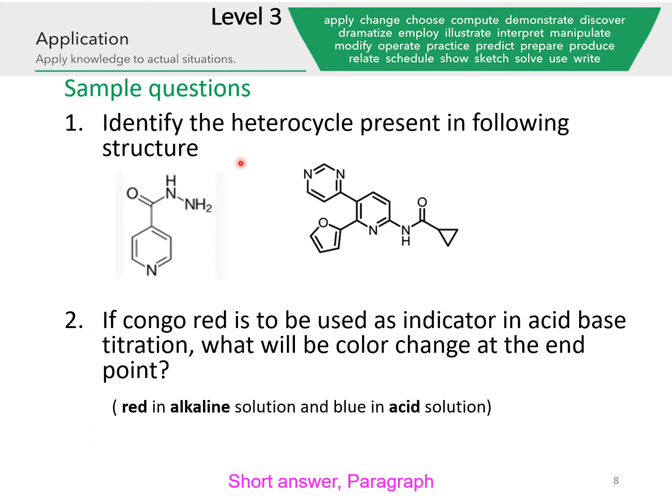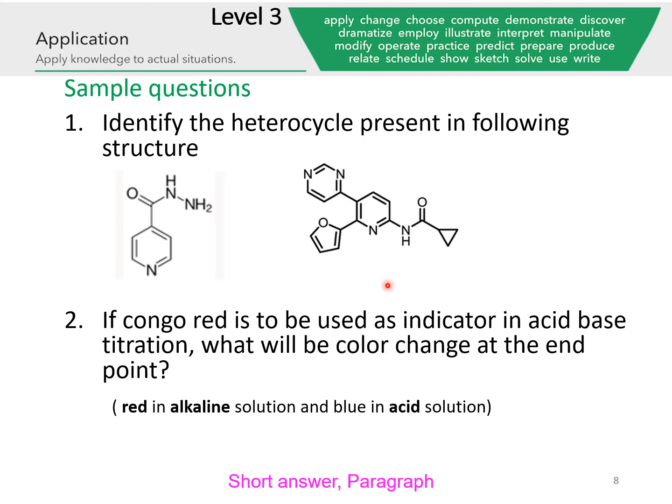You can give them any new chemical entities which are under research or which are patented, something different which is not taught to them, and then see whether they are able to spot which particular heterocycle is present. So they are now applying this knowledge into the actual situation which is in front of them.